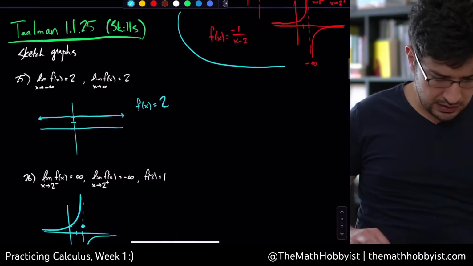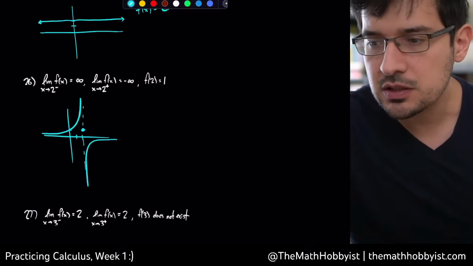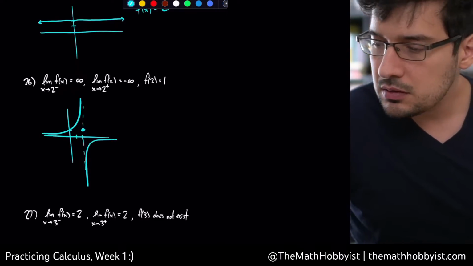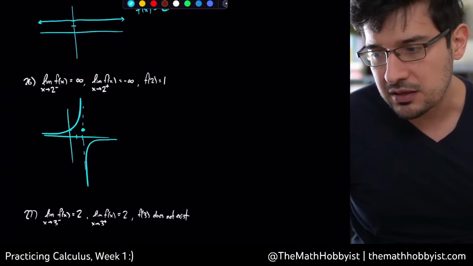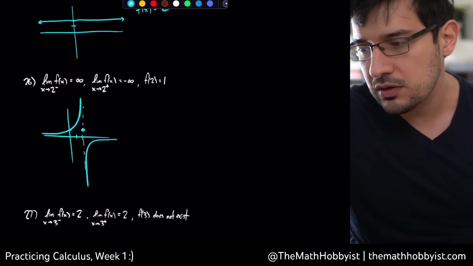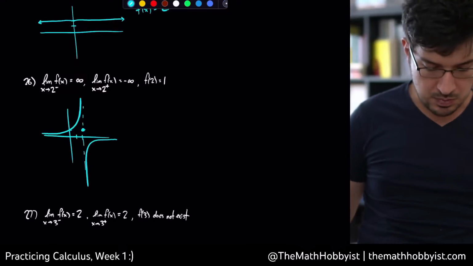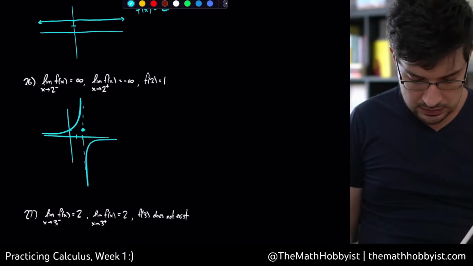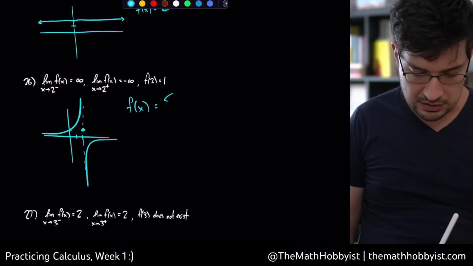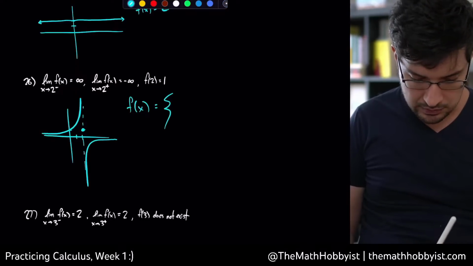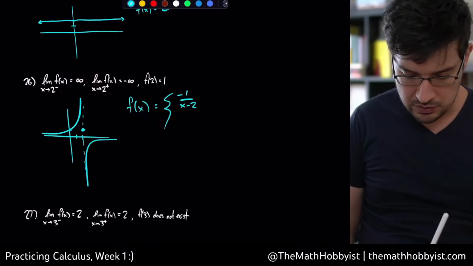Do we also need to write down a function, like a closed form version of a function for this? It says, sketch the graphs of functions that have the given limits and values in exercises 21 to 30. Yeah, I guess it doesn't matter. I don't know if the graph is exactly matching this, but it is what we just found, like negative 1 over x minus 2.